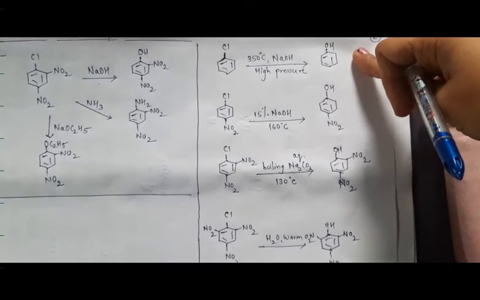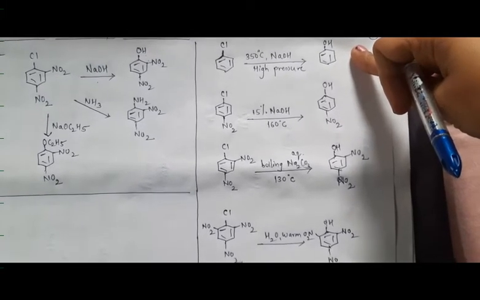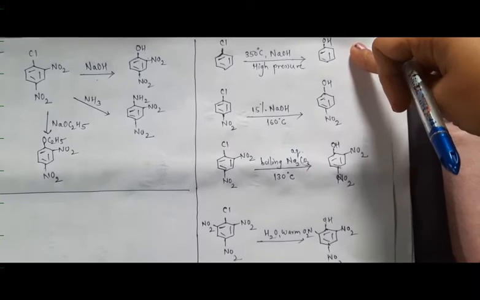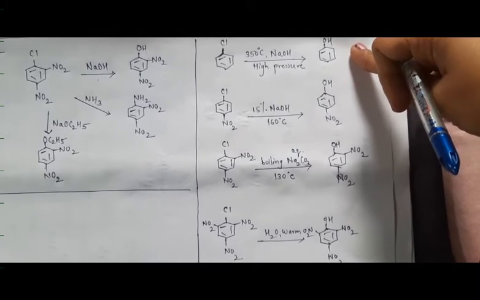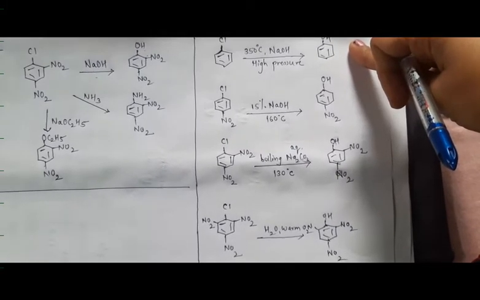The moment I substitute that aryl halide with the NO2 group at the para position, I have reaction conditions of 160 degrees Celsius and 15% NaOH. Next is ortho and para, both the positions are substituted and the reaction temperature conditions are a little milder.